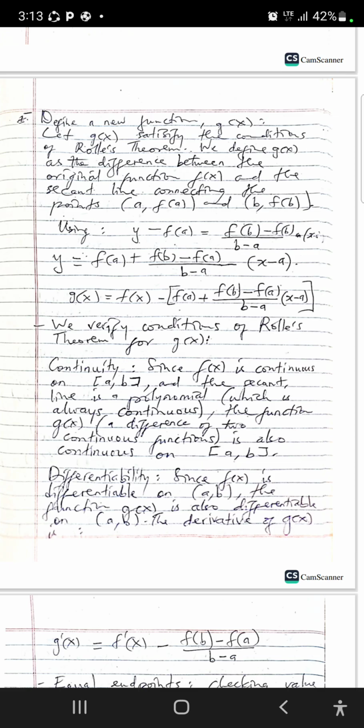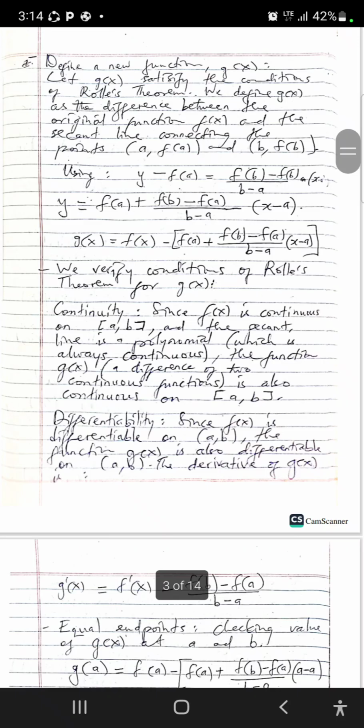If they have given you a function which has x squared, x to the power 4, 4x, x to the power 13, as long as it's a polynomial, with no fraction involved, then it is continuous automatically. So that is the same case for a straight line. A straight line is always continuous.